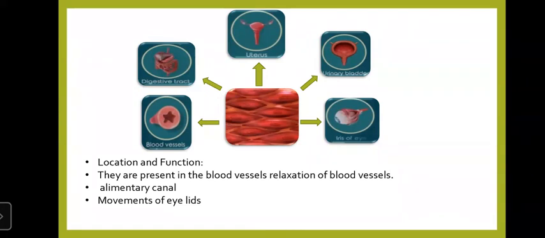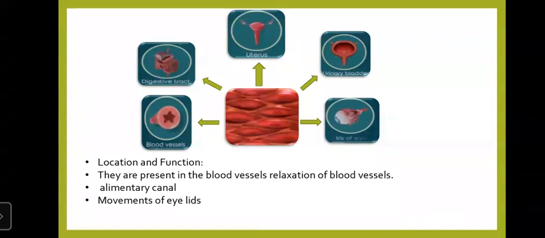Urinary bladder. You all know the urinary bladder can store liters of urine. It is very small in size, but as the urine is getting stored in the urinary bladder, the size goes on increasing. That increase and decrease of the size of the urinary bladder is because of the stretchable smooth muscles.